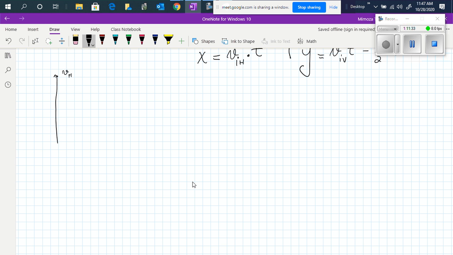So for the horizontal velocity, what we have is either a positive or a negative. A positive is the case when the initial velocity is something like this, and so this will be this case here.